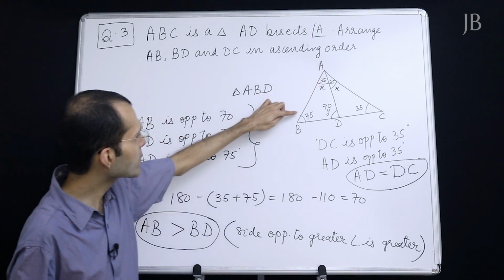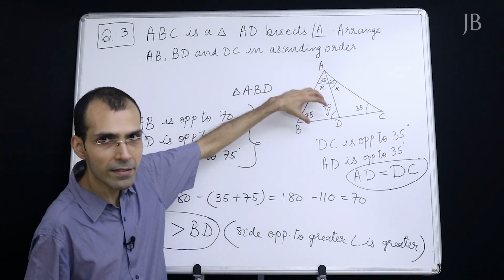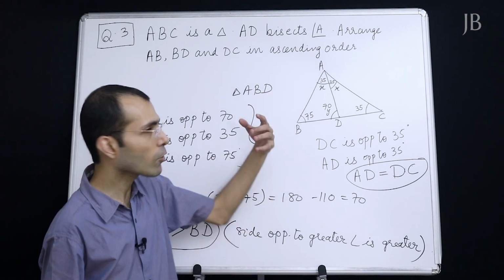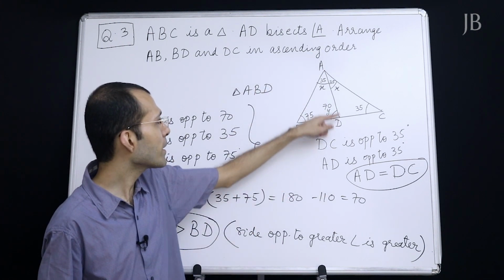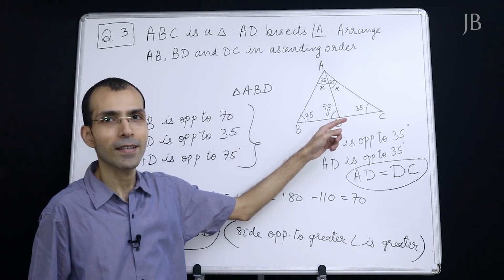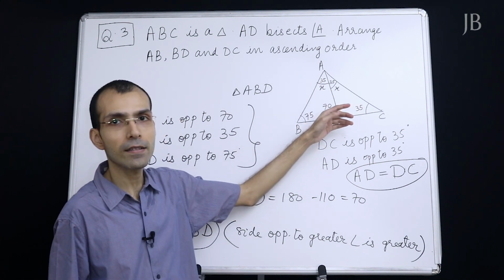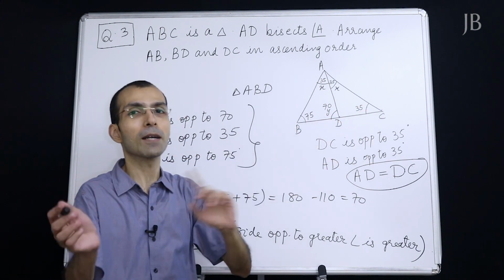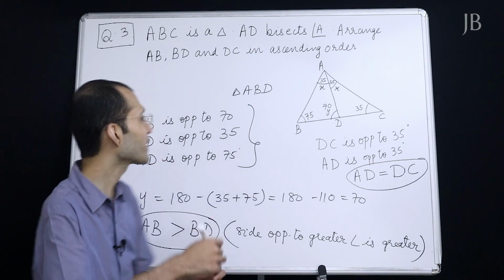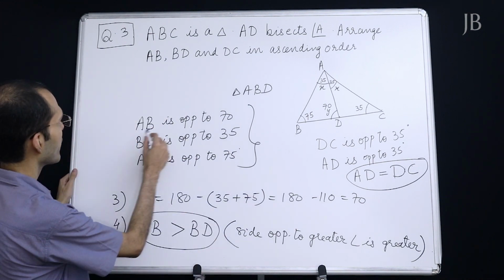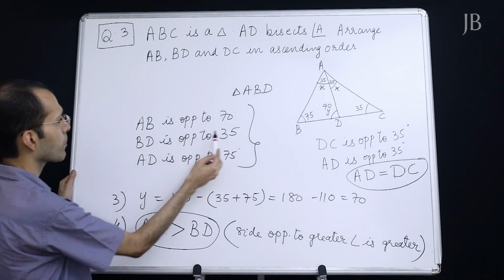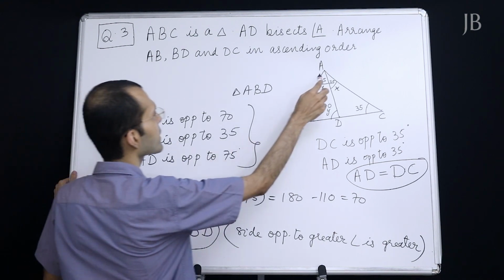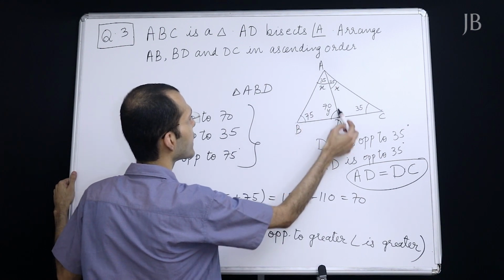You try to first get that one original triangle's all the three sides in ascending order, and then normally in such sums there will be a common side, right, which will be shared by both the triangles. That common side will turn out to be equal to the side which you have to compare, so we can replace like that. Okay, so now AB is opposite to 70, BD is opposite to 35, AD is opposite to 75. So now we are focusing our eyes only on triangle ABD.